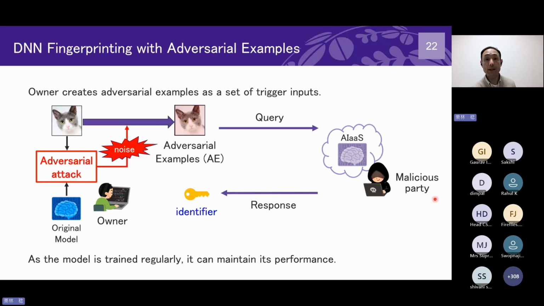So in DNA fingerprinting, using the adversarial examples, the owner tries to create an adversarial example using the information of the input image and the original model. This adversarial example is thrown as a query to the cloud server, and the response is received as an identifier. So by iteratively making the query and response, the owner can be convinced the model is deployed by stealing his original model. So this is the mechanism. This is the idea of the DNA fingerprinting.